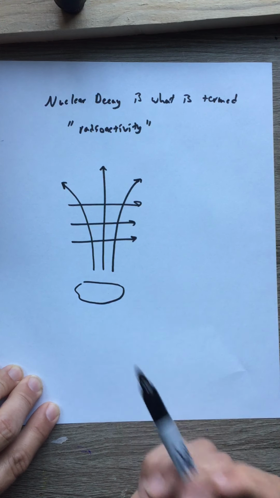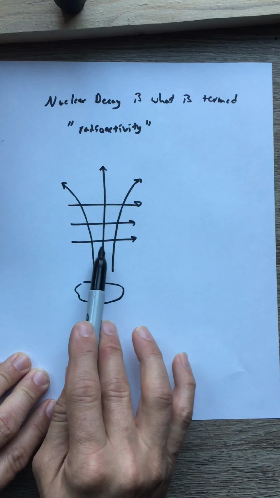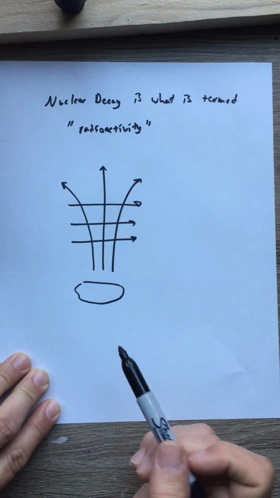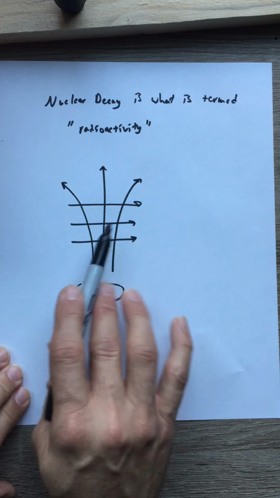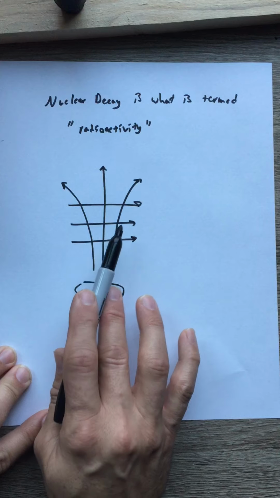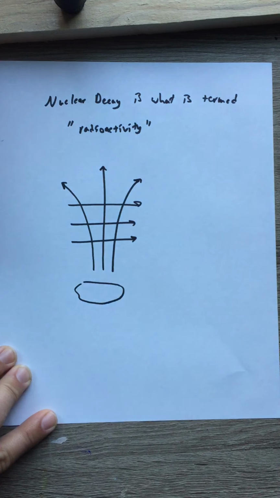As I've drawn it, this is a little bit unclear, but the point is that some stuff was deflected one way, some stuff was deflected the other way. I'm not trying to actually show you which particle is deflecting which way. I'm just showing you that some stuff was deflected, some stuff was not.